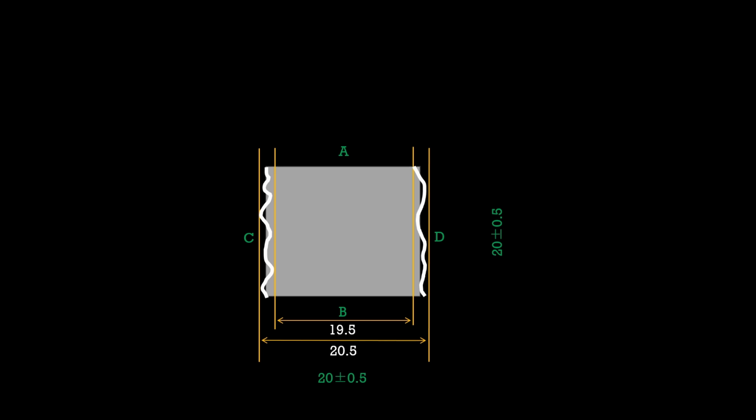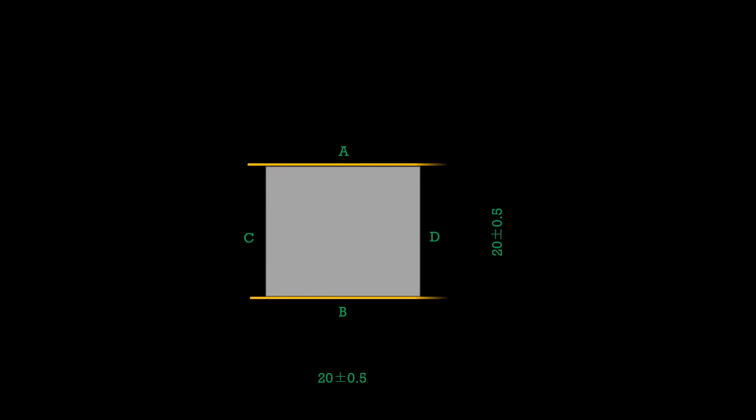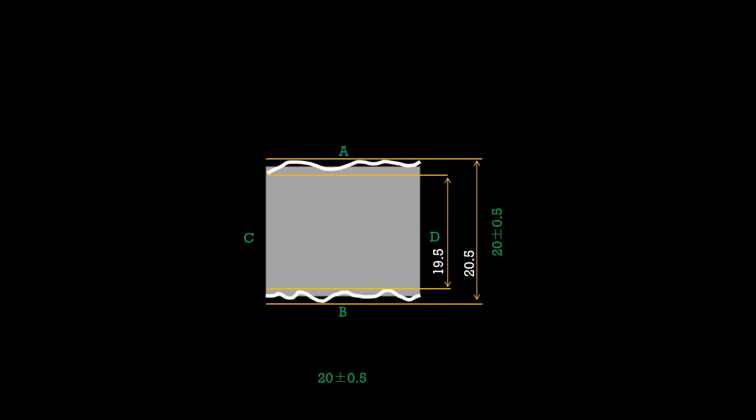Meaning they will be parallel to each other within 0.5 mm, and the height 20 plus minus 0.5 mm is also a regular feature of size. So this will also follow the GD&T Rule 1, and both faces will also be parallel to each other within plus minus 0.5 mm.